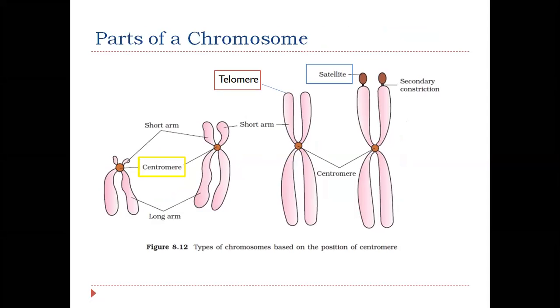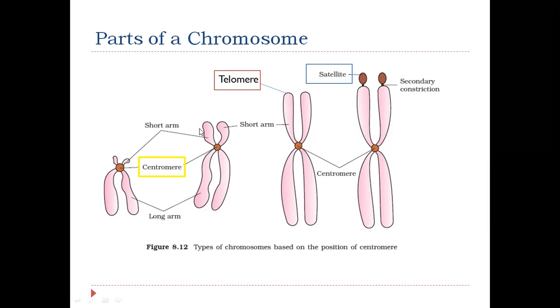The arms is the portion located between the chromosome end and the centromere. And we have short arms and long arms.